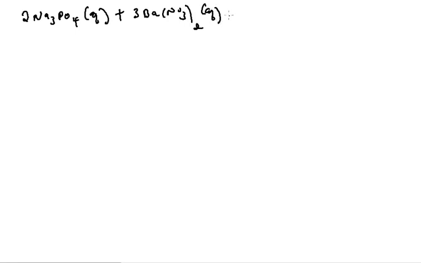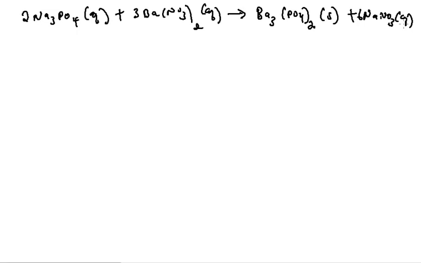So we're going to continue from where we stopped here. Remember that the equation that we had was 2 moles of sodium phosphate react with 3 moles of barium nitrate, producing barium phosphate and 6 moles of sodium nitrate.